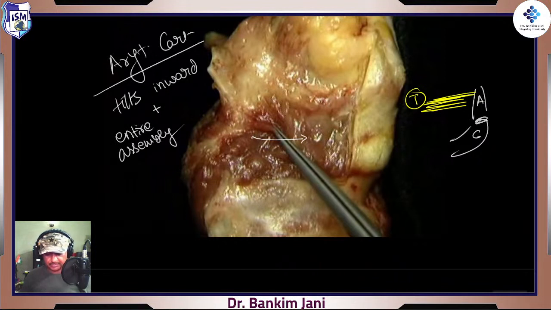Entire assembly means the arytenoids, cricoid, everything is pulled forward, right? So the crico plus arytenoid, they are pulled forward.